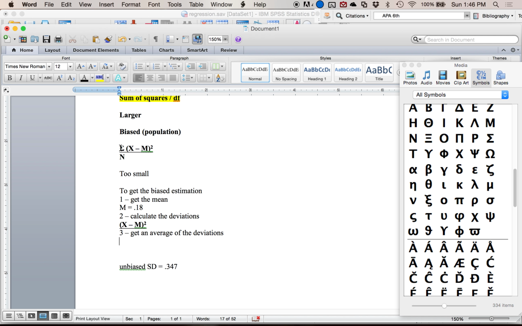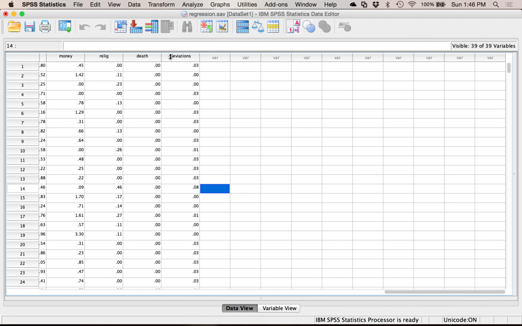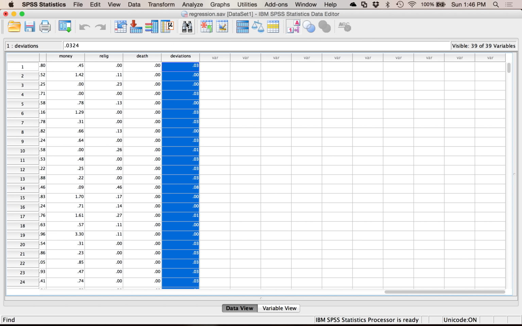So that's going to create an average of that deviation column I just made. I've broken this into two parts because I can't do all of it at once. So I'm going to get a sum of the deviations and divide by n. The way to cheat and do that in SPSS is to just create an average of the deviations column.